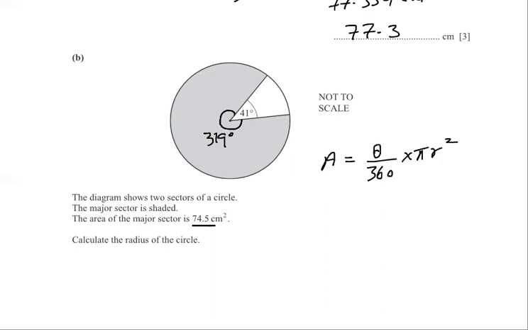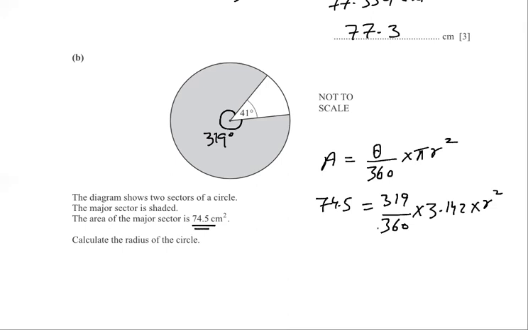For the major sector, the angle is 319 and the area is given, 74.5. So 74.5 equals 319 over 360 multiplied by pi, and pi is 3.142, multiplied by r squared.